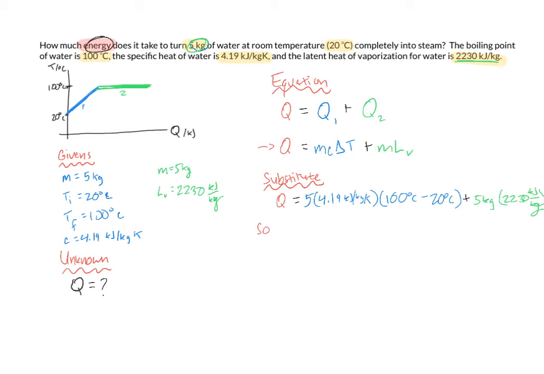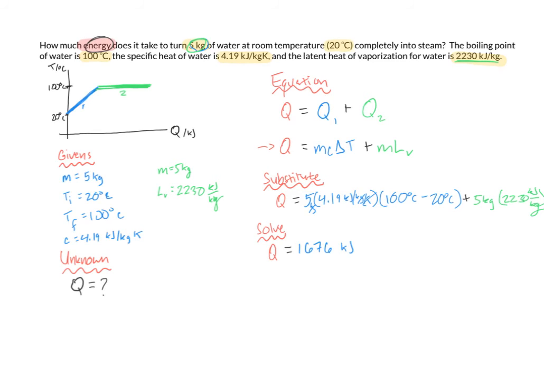So now I'm ready to go ahead and finish up by solving. Q is equal to the heat required to raise the temperature of my water from 20 degrees Celsius to 100 degrees Celsius, which is 1,676 kilojoules. And you guys can double check the units, right? We've got kilograms and kilograms and degrees Celsius, which are going to be the same here as Kelvin.